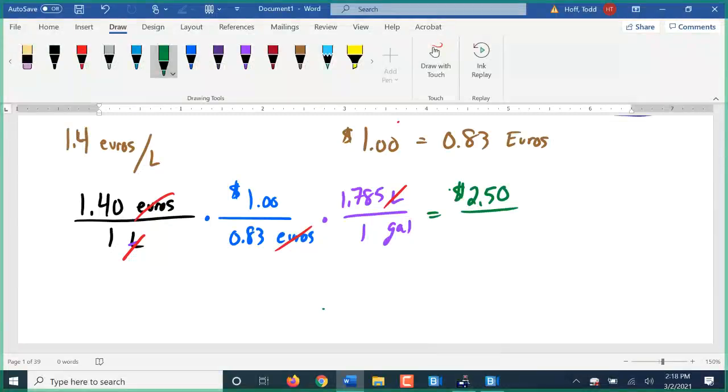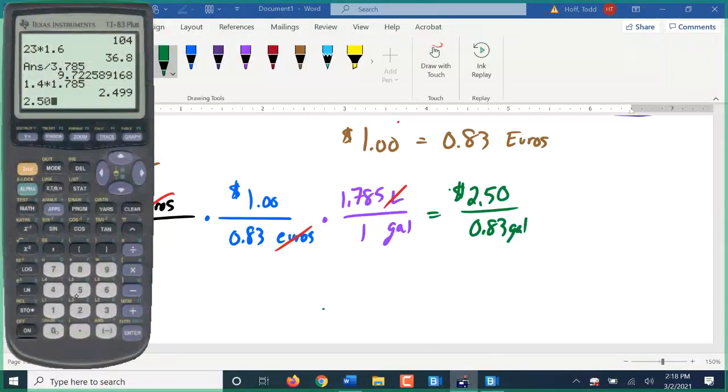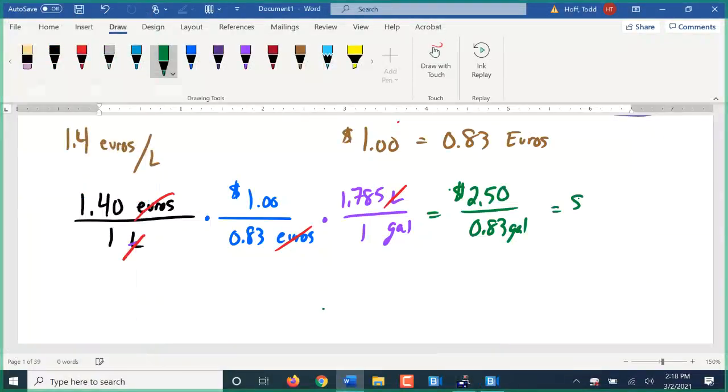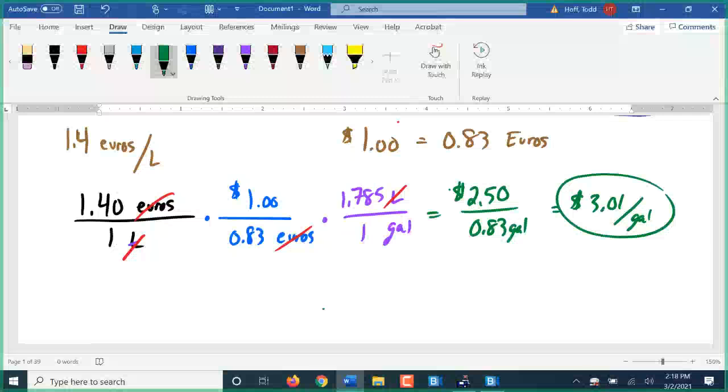On bottom, it's 1 times 0.83 times 1 gallon. This is 0.83 gallons. If I divide that out, 2.50 divided by 0.83, that is $3.01 per gallon. About where we're at right now. That's not as bad as about 2 years ago. Actually, about 3 years ago now. That comparison was like $6 per gallon if you converted the European price to U.S. dollars per gallon instead of euros per liter.